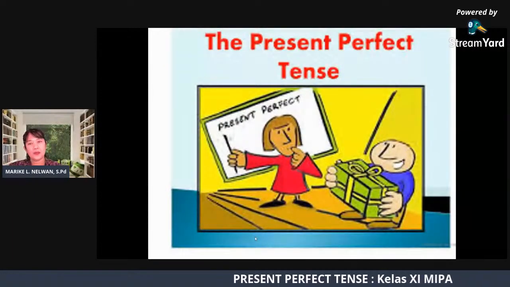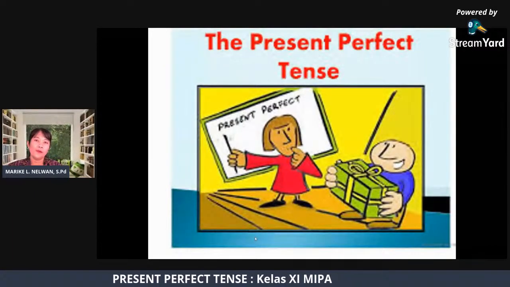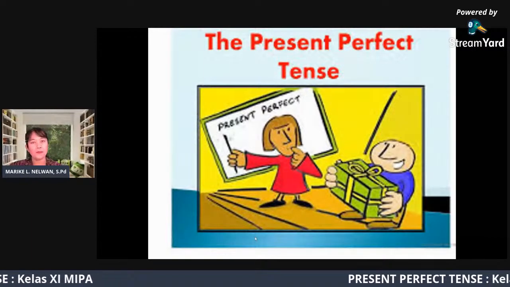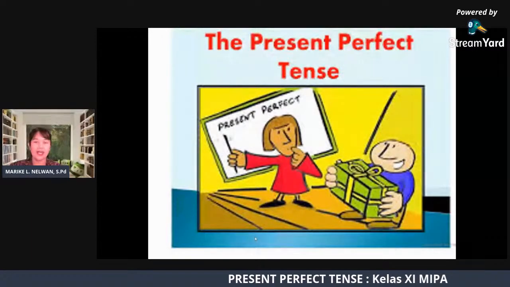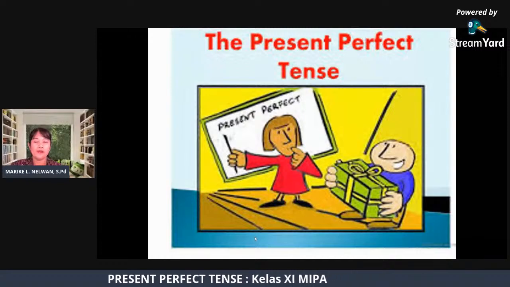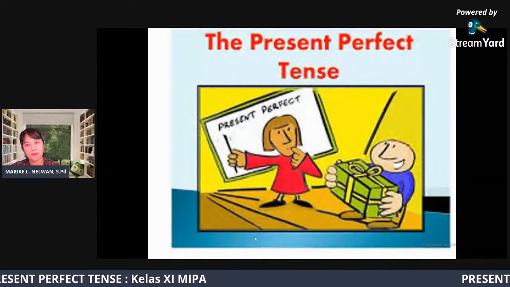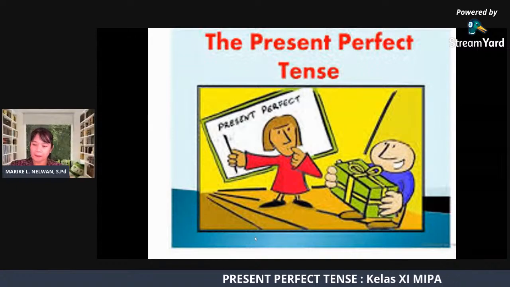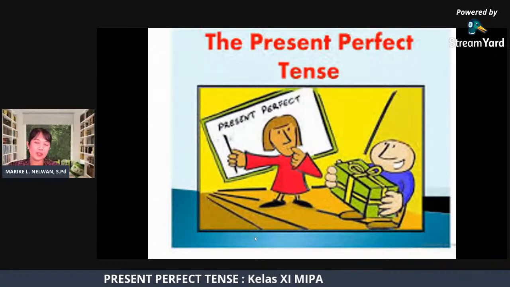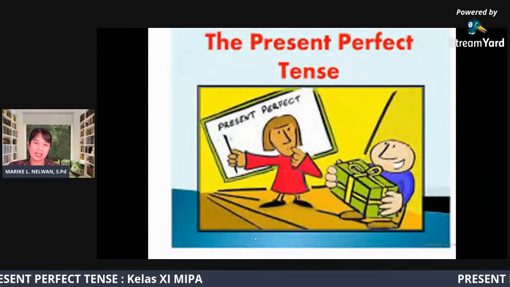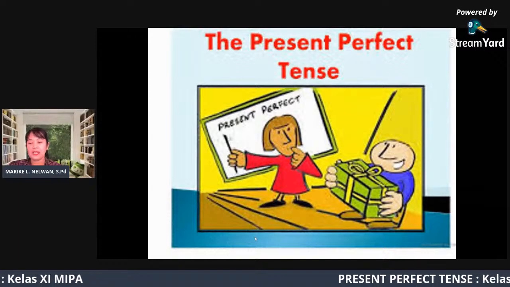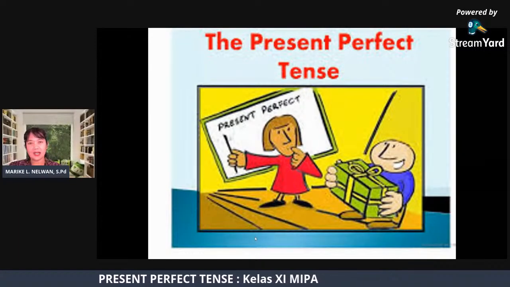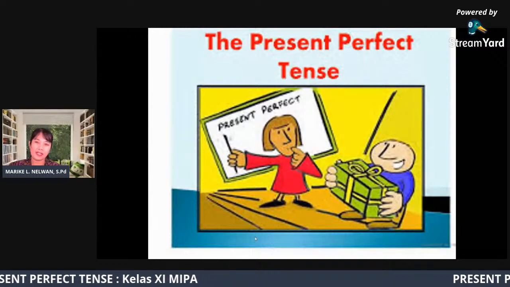In this video, we will be looking at the present perfect tense, and also we will look at the form and why or when we have to use the present perfect tense. Jadi, pada kesempatan ini kita akan belajar tentang present perfect tense.